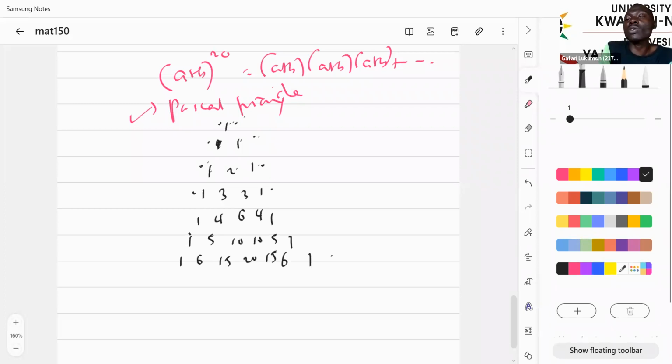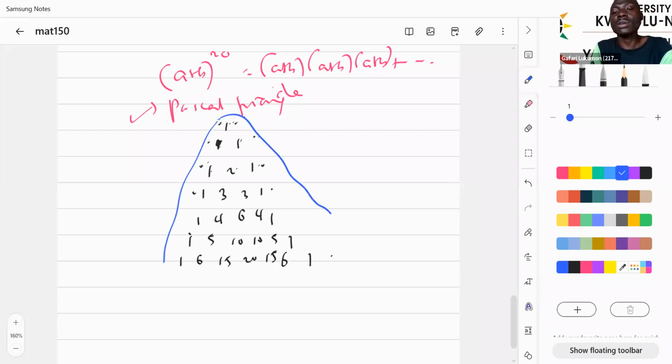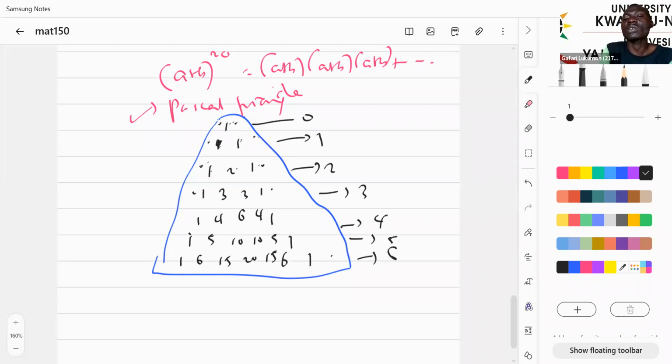If you check it very well, you can see it looks like a triangle, and that's why we call it a Pascal triangle. This is the coefficient of 0, coefficient of 1, coefficient of 2, coefficient of 3, coefficient of 4, coefficient of 5, coefficient of 6.